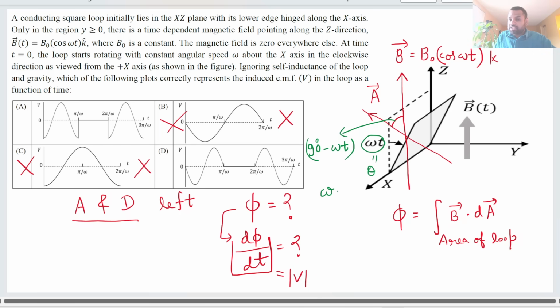Because omega is defined as d theta by dt, angular speed. Now omega is constant because it is saying constant angular speed omega, right? So theta can be written as omega t. Omega speed is constant. So how much angle does it rotate in time t? Angular speed multiplied by time.